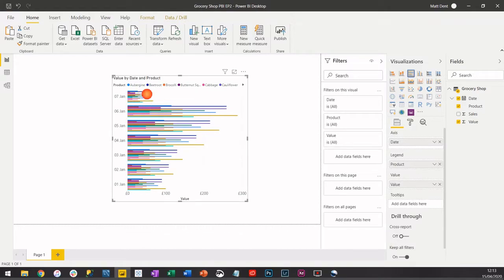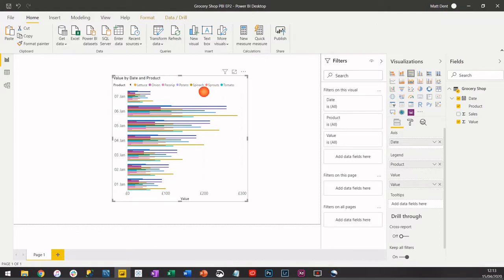This is better for comparing the size of each factor. So each product here, we can see the yellow line was probably the highest grossing. If we were to move our legend along, we'd be able to see what grocery that was.